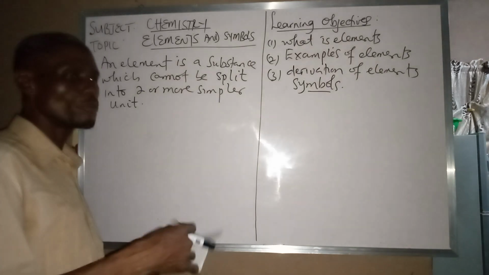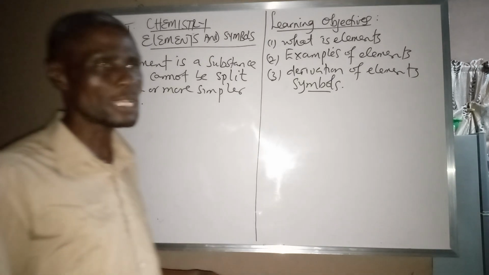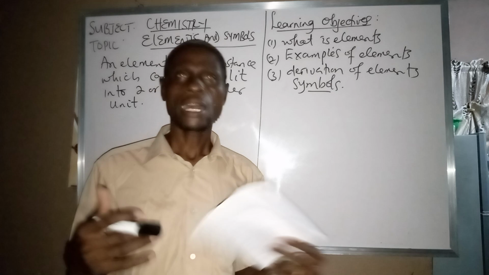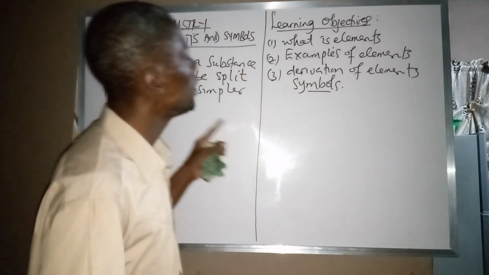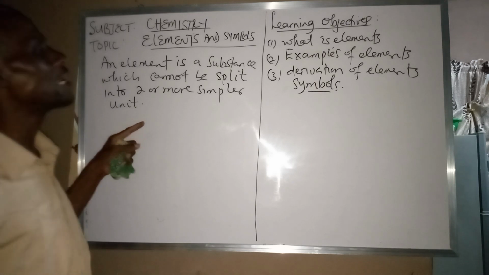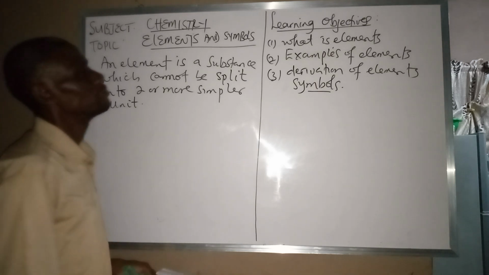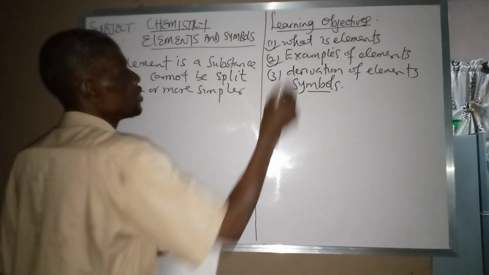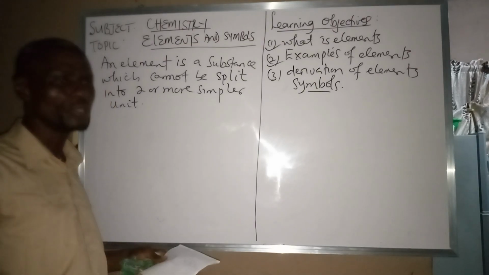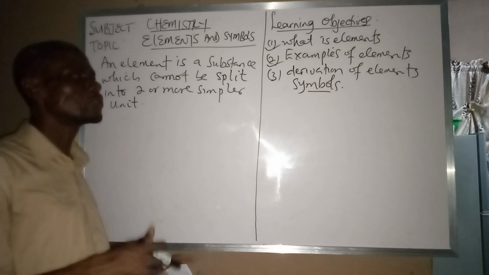If you talk of atom, you talk of element, but that's another topic for another day. We are going to look at atoms later. Atom is a topic, so we are talking about elements. Elements are very, very important. So what are the examples of elements that we have? Examples of elements are hydrogen, oxygen, nitrogen, and the rest.